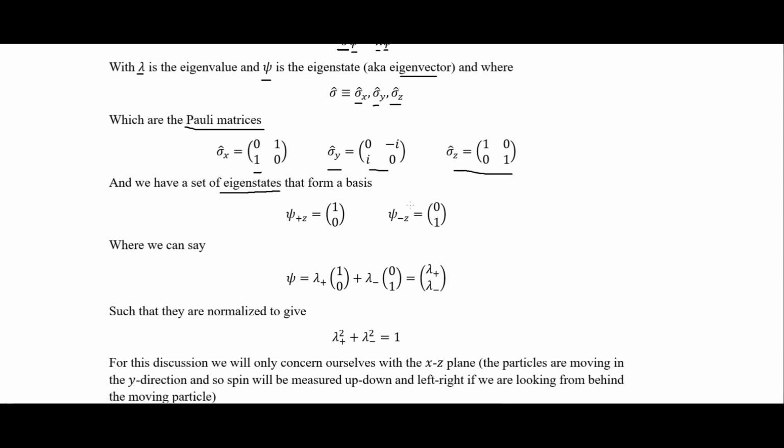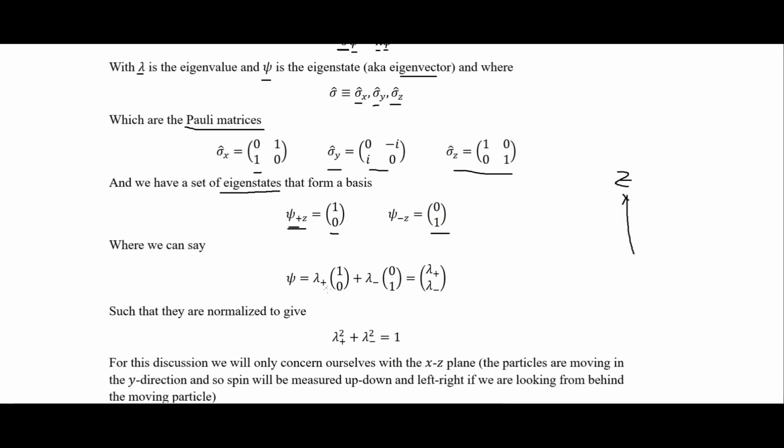But I won't get into that here. These are eigenstates, and so we have the plus z direction. We're thinking of this in the z coordinate system, so we're always measuring things in the z axis here. The plus z would be this (1, 0), and then the negative z would be this (0, 1).